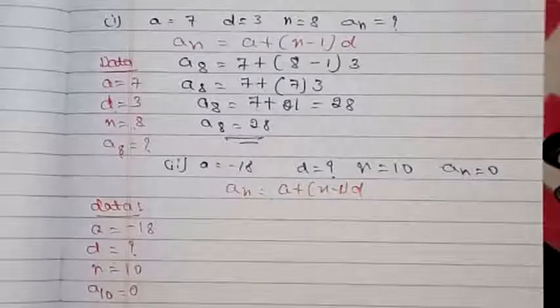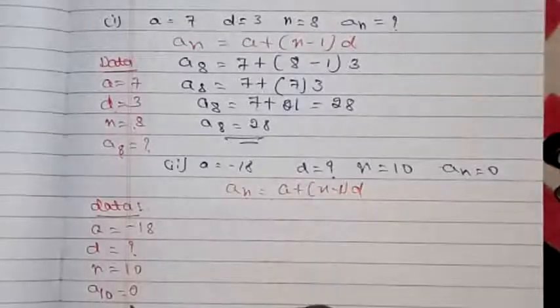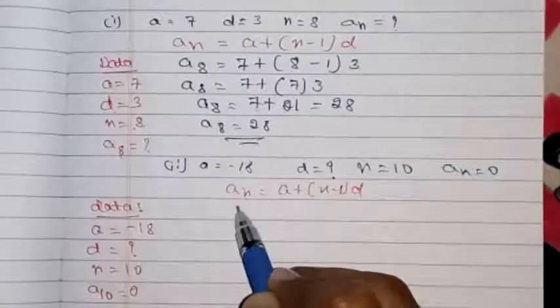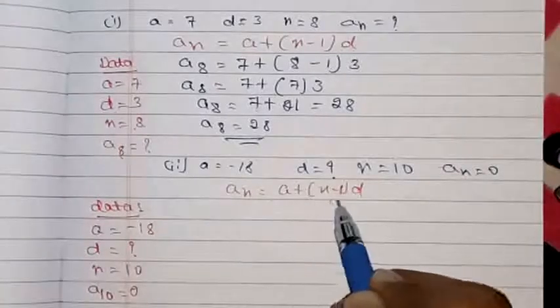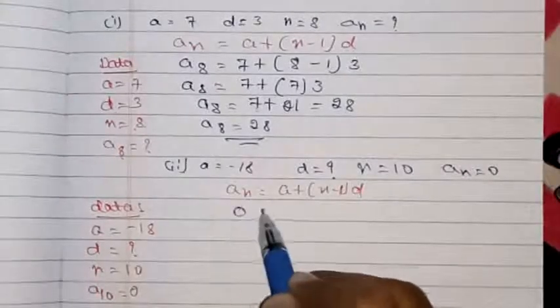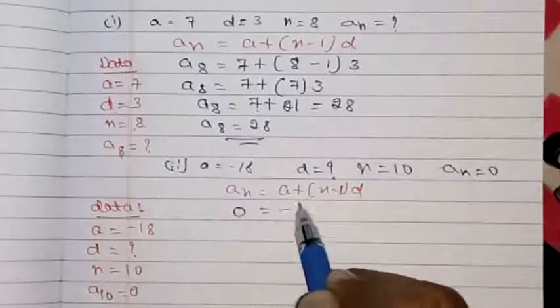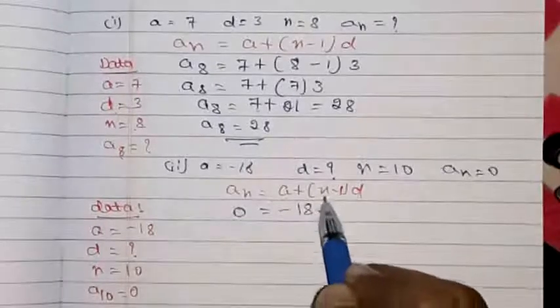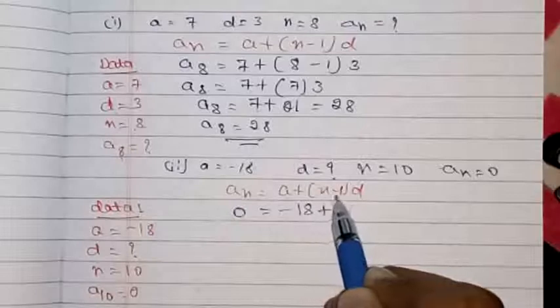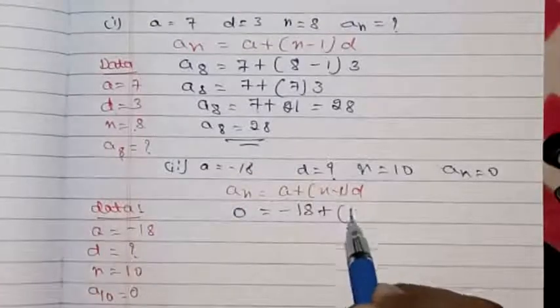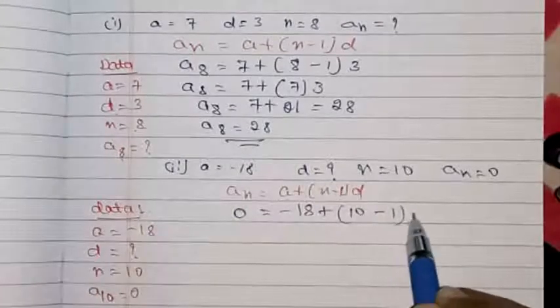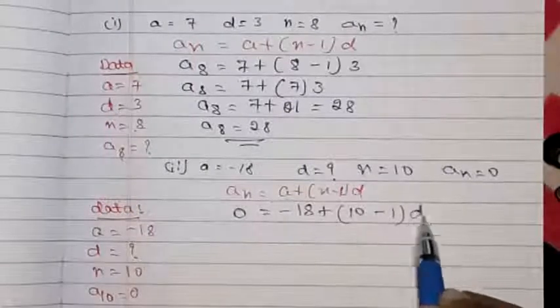Okay. Now you have the formula and you have the data, just apply the data to the formula. An is 0, so in place of An and A, we write: 0 equals minus 18 plus (10 minus 1) into D, where D we need to find out.